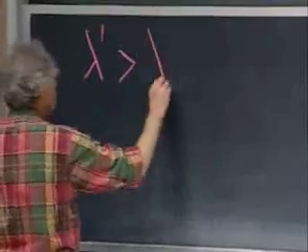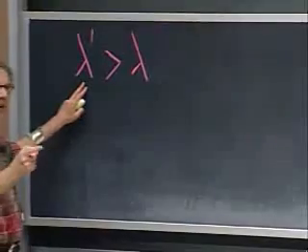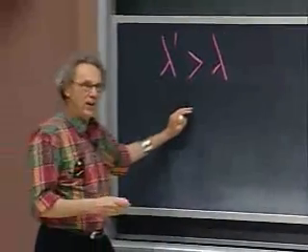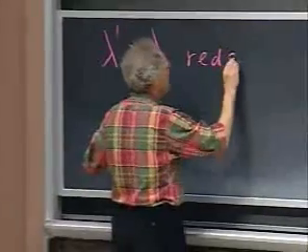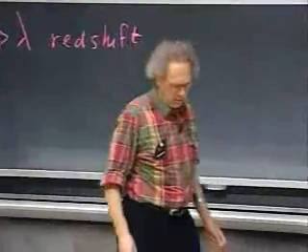If a particular discrete wavelength, for instance in our own laboratory, would be 5,000 angstrom, and I look at the star and I see that that wavelength is longer, lambda prime is larger than lambda, that means the wavelength, the way I observe it, is shifted towards longer wavelengths, in the direction of the red, and we call that redshift. It means that we are receding from each other.